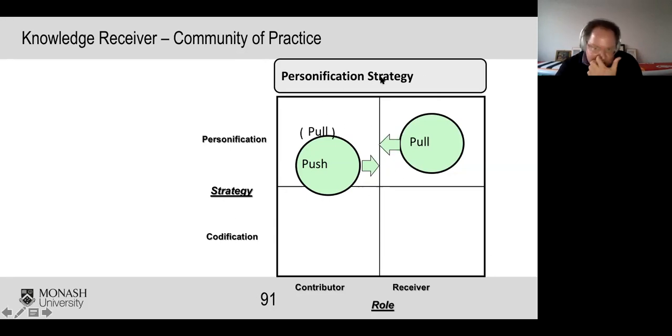So the personification strategy took off and actually manifested a community of practice for junior project managers meeting senior project managers. And there were different groupings. The ones in Gothenburg actually met super regularly. They had a two-weekly physical meeting and then a weekly phone or video call setup.